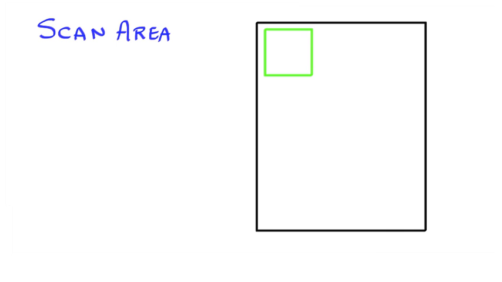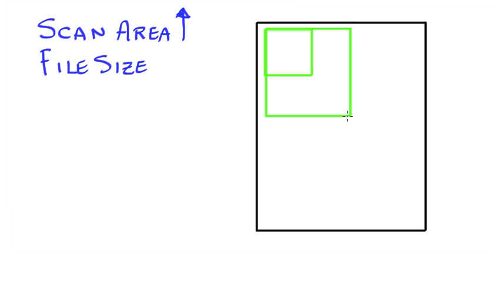So if I increase my scan area, one of the things that's going to be affected is the file size. If I now change my scan area to something that is larger, I now have more pixels that are going to need to be stored.